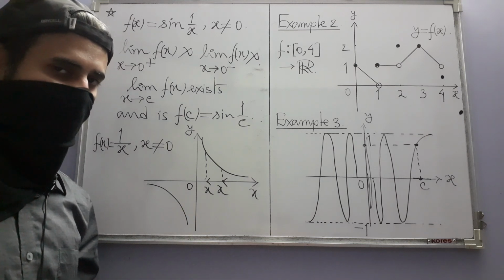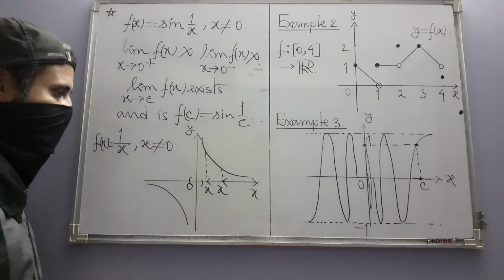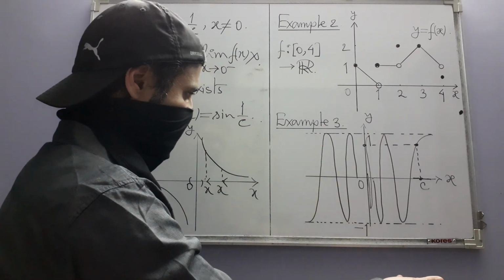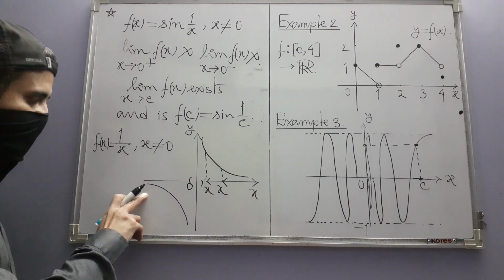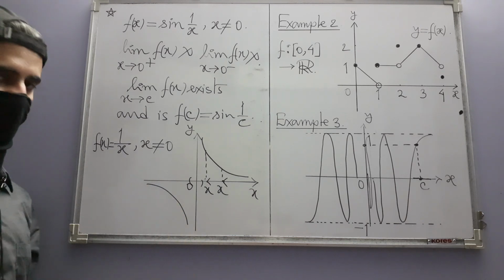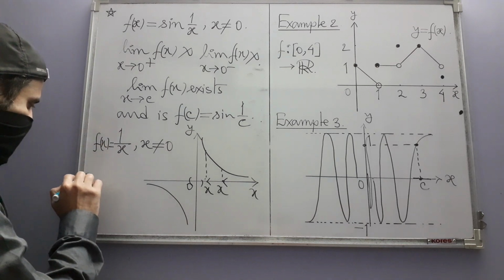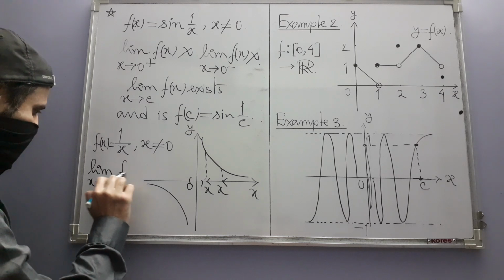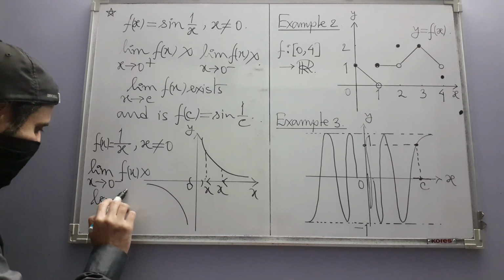So there also they do not settle at any point near 0. So here the reason for the one-sided limits not existing is too much oscillation. Here, unboundedness. But in this case also, both the left and the right limits at 0 do not exist.